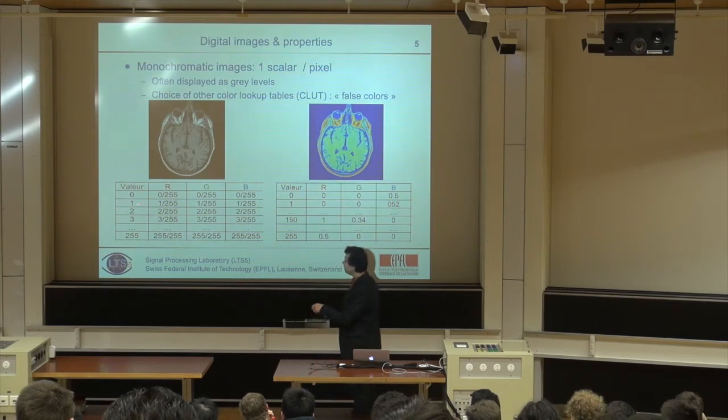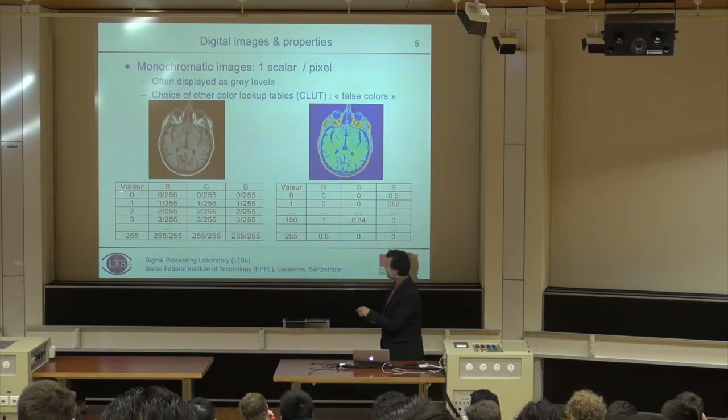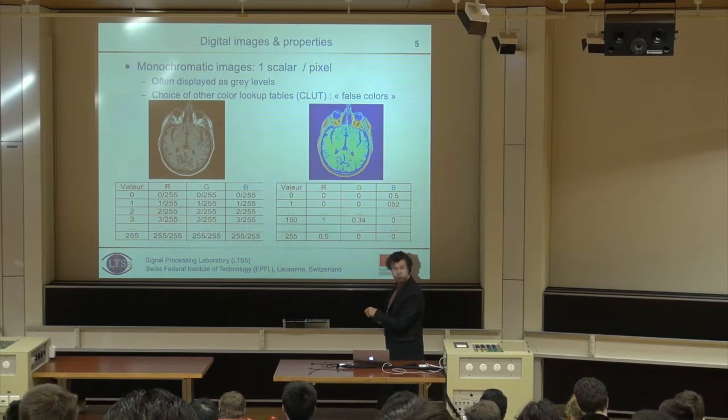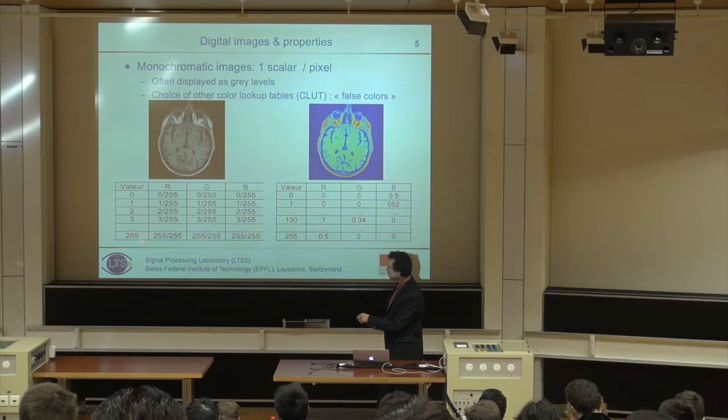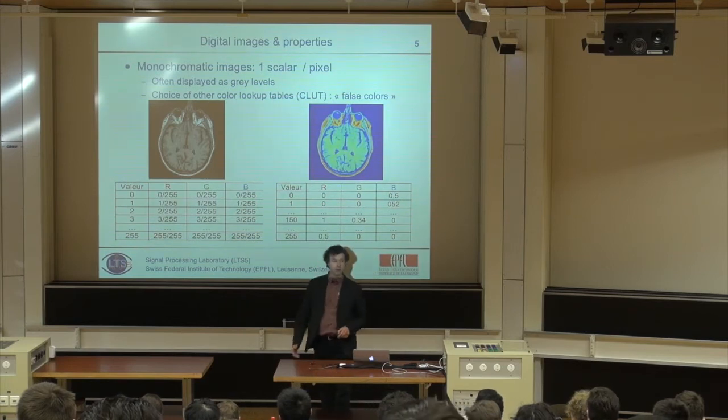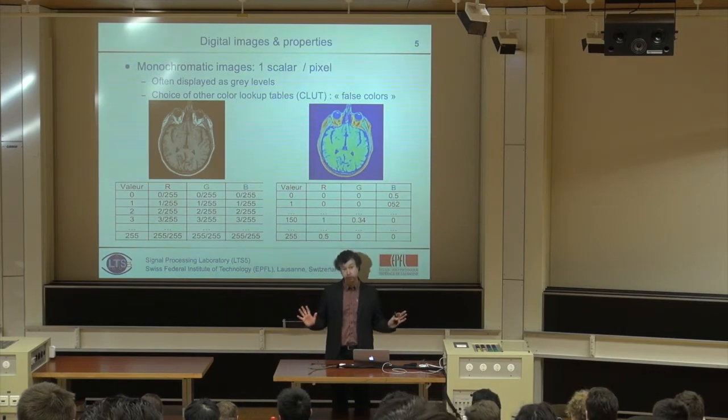It can be gray levels, so if I have a 0 value, I will put 0 in RGB, so a black color. If I have 3, it will be 3, 3, 3 out of 255, so a very dark gray, up to, if I see a value of 255, obviously I'm coding here on 8 bits, I will put a white color. But this is just a convention.